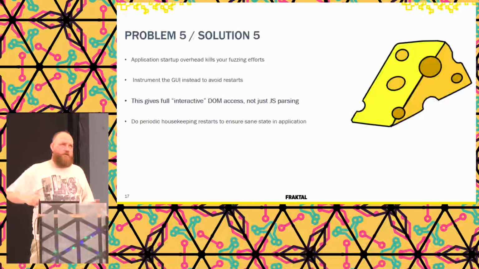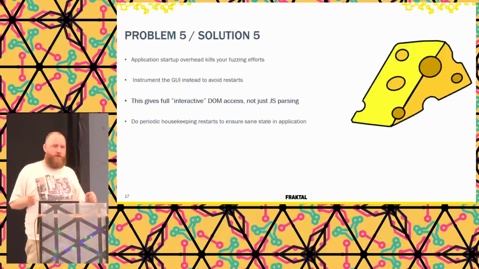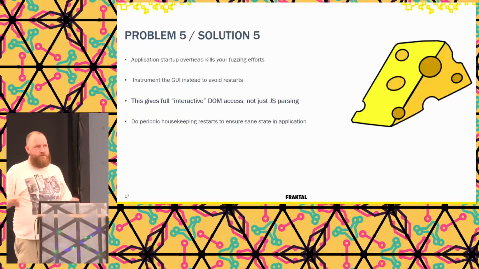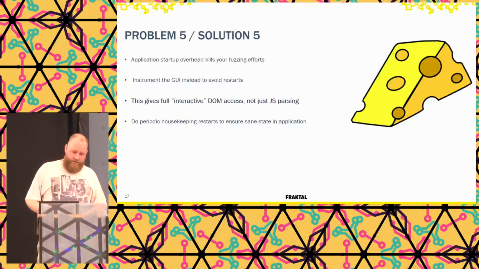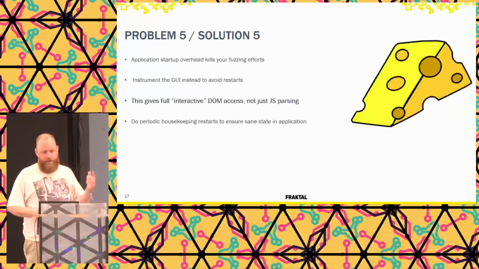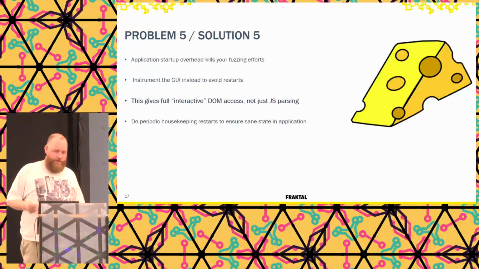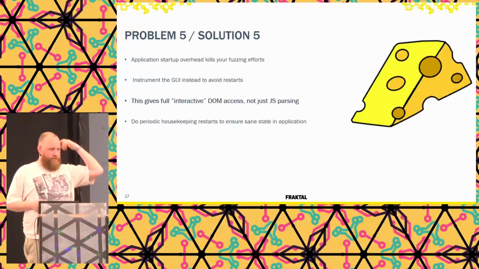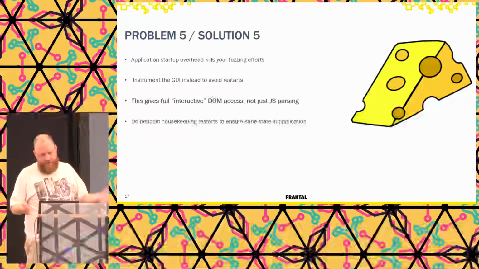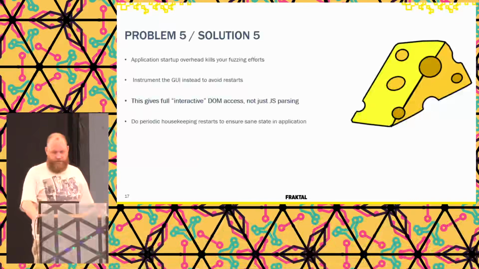You're actually fuzzing the DOM itself, which is a lot more useful because the DOM interactions are what's going to lead to use-after-frees and all that stuff. Yes, it is cheesy, but it works well. Just do periodic housekeeping restarts: fire off 1,000 test cases, restart the application, and done, right?